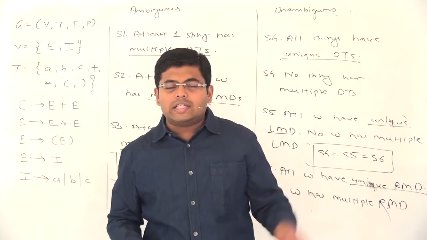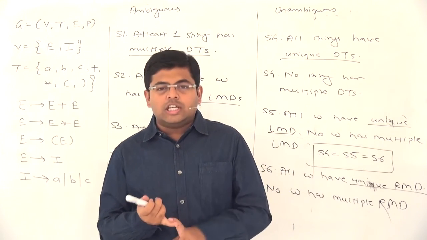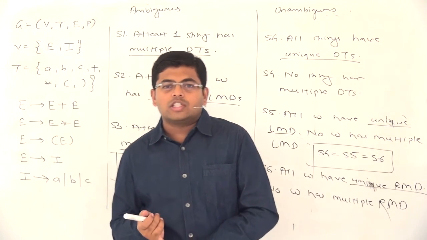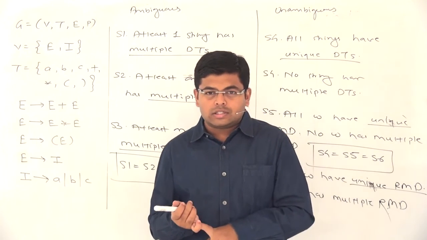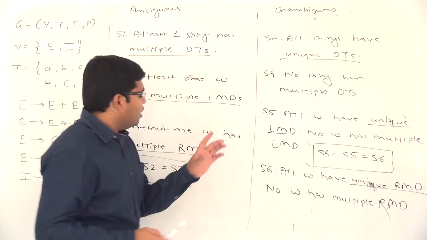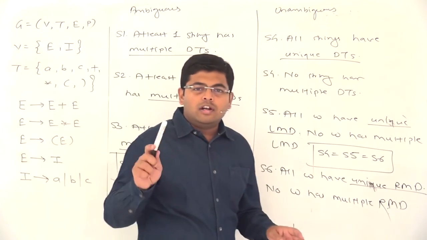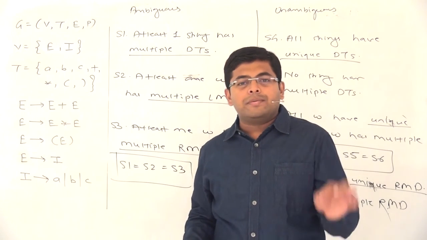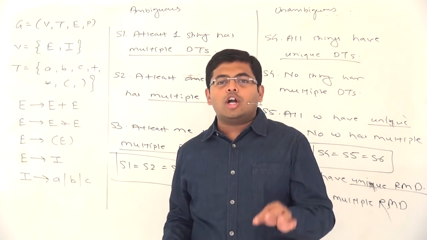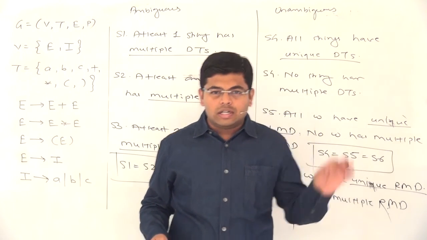Just to summarize once again: a string may have multiple derivations, a string may have multiple derivation trees. Different trees mean different derivations, but different derivations do not necessarily mean different trees.